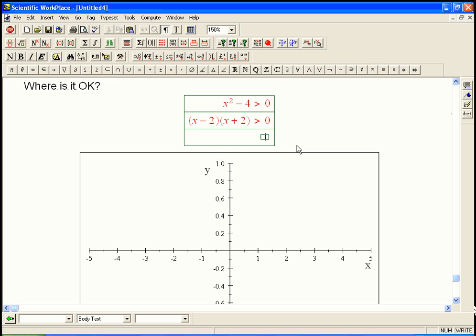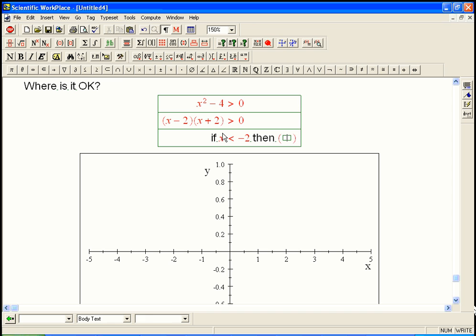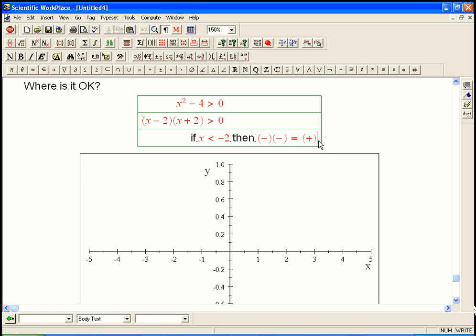Okay, so if x is less than minus 2, then what's going to happen? Both of these factors are going to be negative. Even adding 2 to it is not going to make it positive. So we're going to get minus times minus, which is plus, and so it's going to be positive. And so that's going to be in the domain.